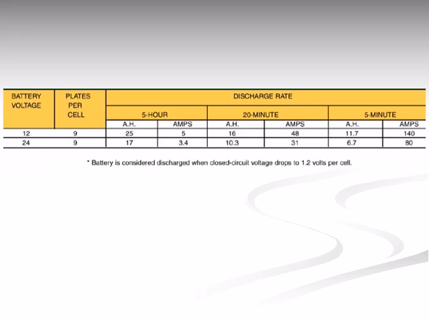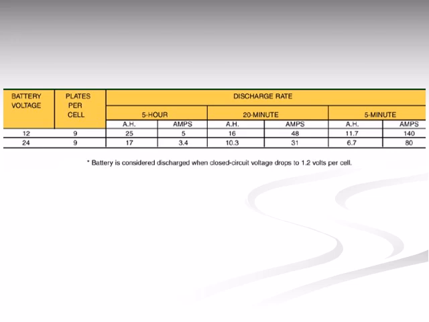But if discharged over just 5 minutes, it supplies 11.7 ampere hours at a much higher current, 140 amps. Similarly, a 24-volt battery delivers 17 ampere hours over 5 hours at 3.4 amps, and 6.7 ampere hours over 5 minutes at 80 amps.